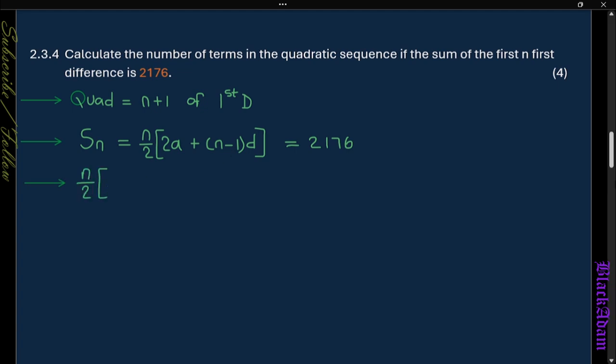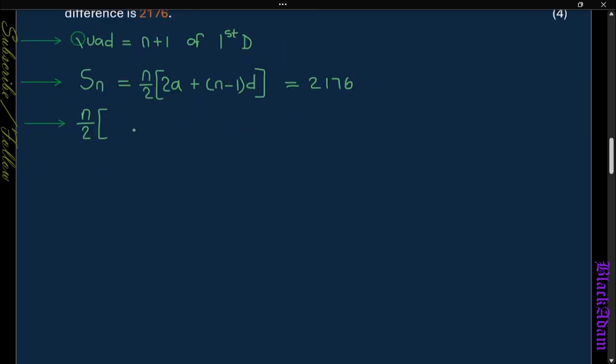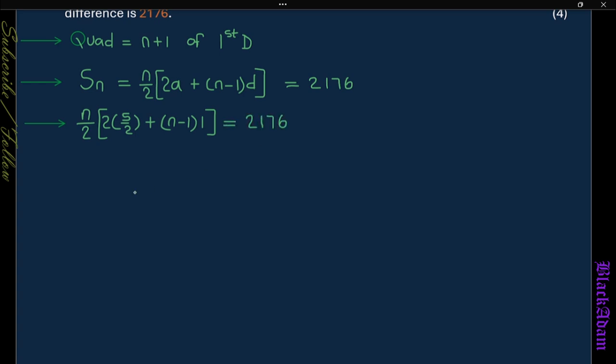We need to know n, so n over 2 bracket, a is 5 over 2, d is equal to 1. We substitute: 2 bracket 5 over 2 plus bracket n minus 1, the common difference is 1, all of that equals 2176. Starting with the brackets first, that cancels the 2, so we have 5 plus n minus 1, and 5 minus 1 is 4.